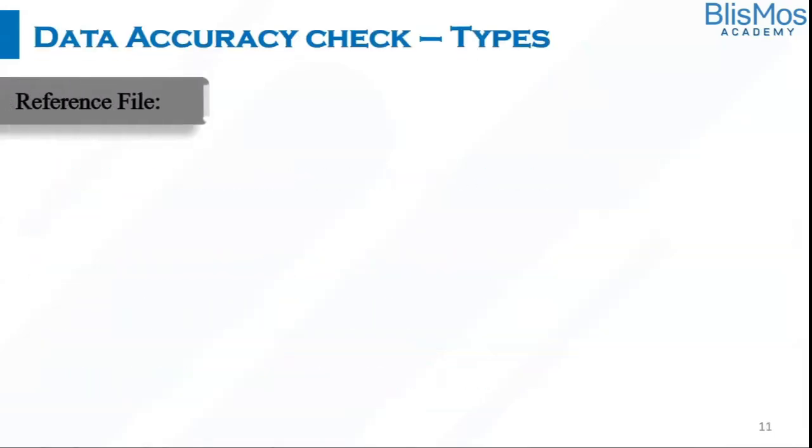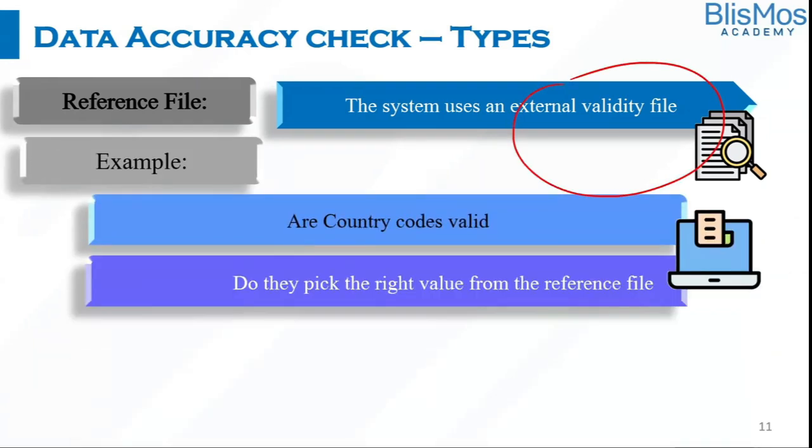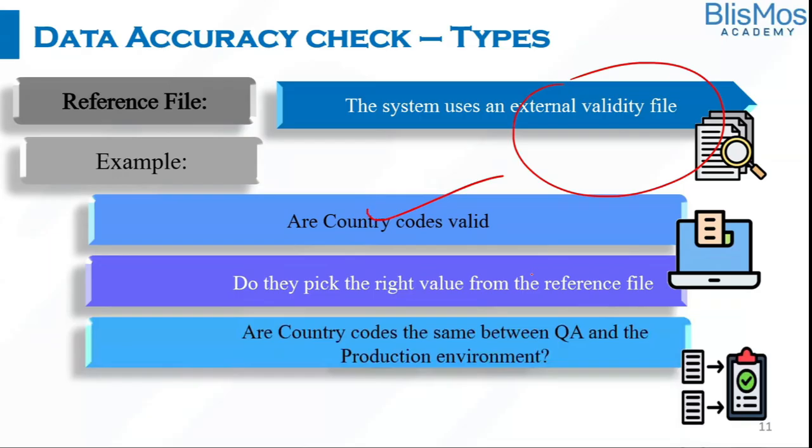Then moving on to the reference file. Here, what happens is we use an external validation file. In that file, we would have mentioned the different aspects, like are the country codes valid? Do they pick the right values from the reference file? And are the country codes the same between QA and the production environment?